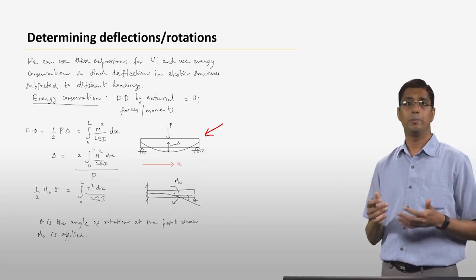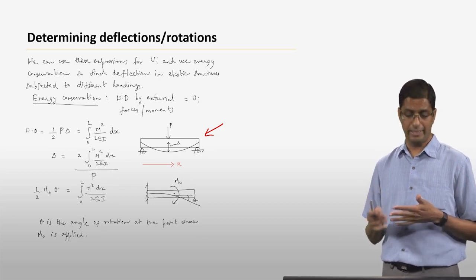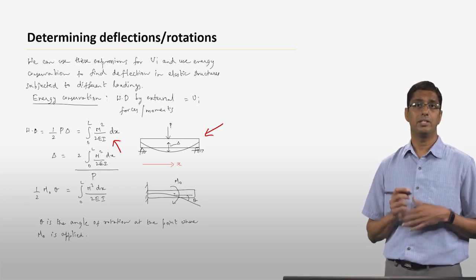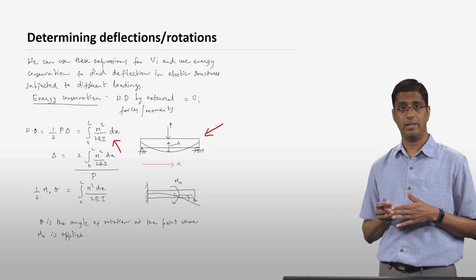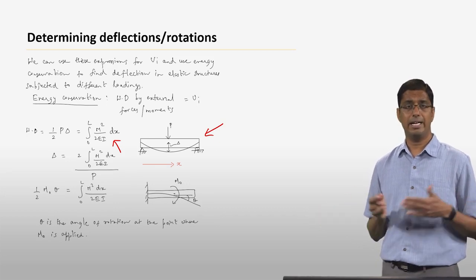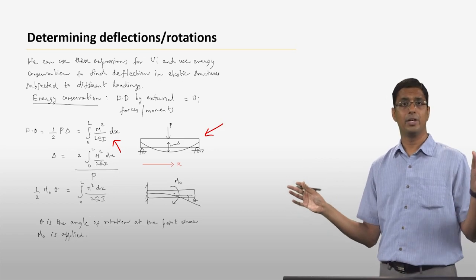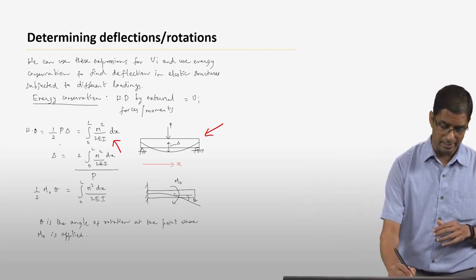Okay. Now, because it's bending, we know what the strain energy associated with bending is, which is nothing but this. Right? So now we can write the moment function for this beam as a function of x and integrate from 0 to L. So you know what the strain energy is, you know what the work done is. The only unknown in this equation is delta.